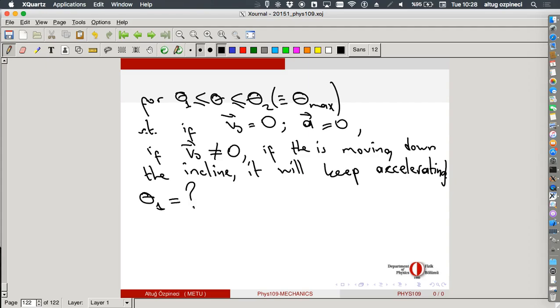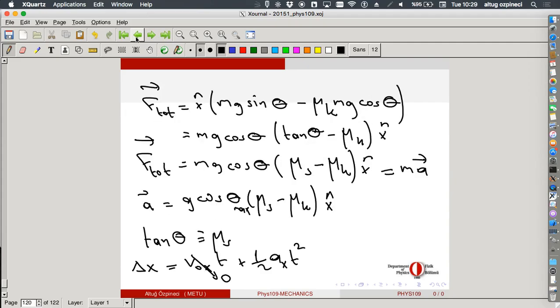We are in the case that it's moving, so it's a case of kinetic friction. Now I will not repeat the drawing of the free body diagram calculating the net force. We already have done that. This is still valid. This is the total force acting on my object. I am still in the case where the friction is kinetic friction, the normal force is still mg cosine theta. So I can just use this result.